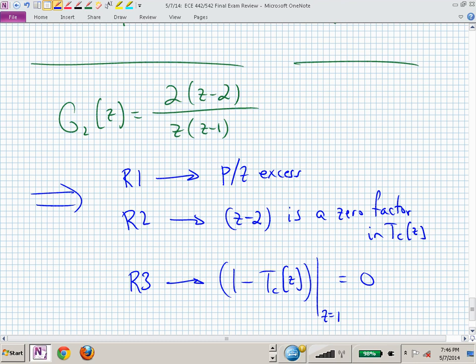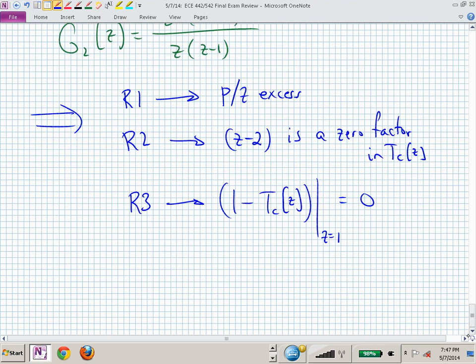So we find the numerator expression of that 1 minus T sub C, and we set that equal to 0 when Z is equal to 1 and solve for whatever unknown variables we have in that expression. Is that okay? Is that enough for Ragazzini?